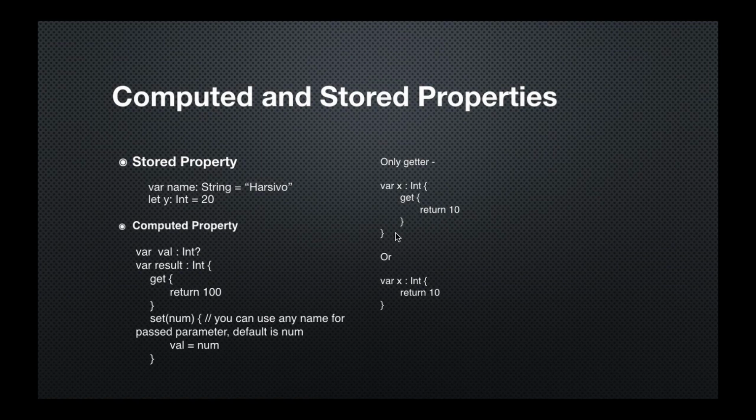You don't have to define set, just say get. Or you can remove get as well, because if you just have get, it doesn't make sense to have the curly braces. So you can just say var x colon Int and then return 10, or do your calculation and then return 10. This is also valid syntax for computed properties.